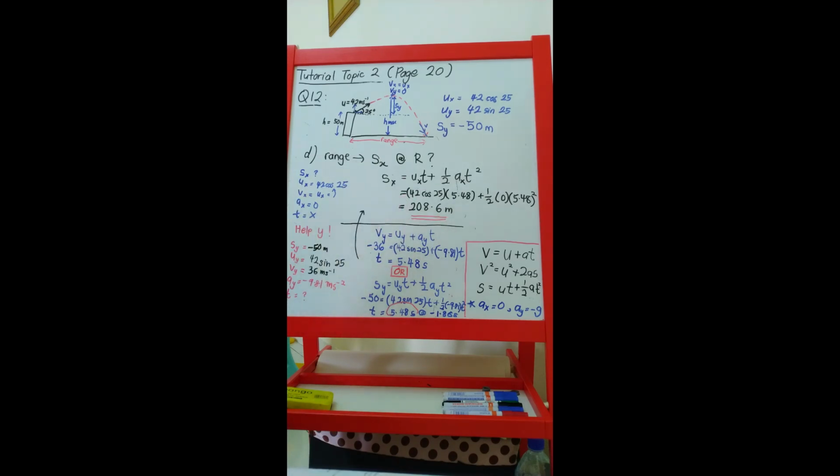The answer here is probably a bit different from the scheme answer, but it's okay. It's just because of the decimal places used. So it's okay if you get a little bit different, but if you show the correct working, then you'll be fine. Okay, so that's all for question number 12.